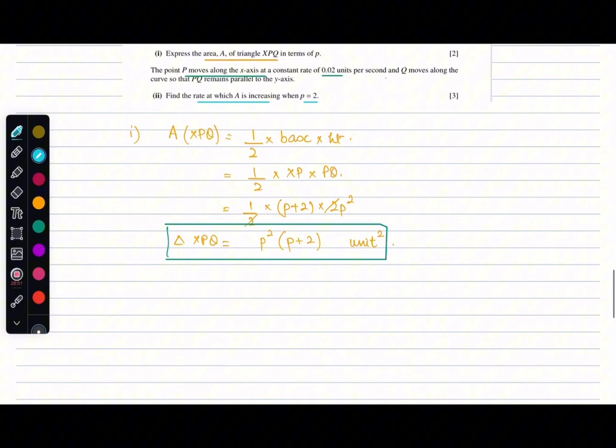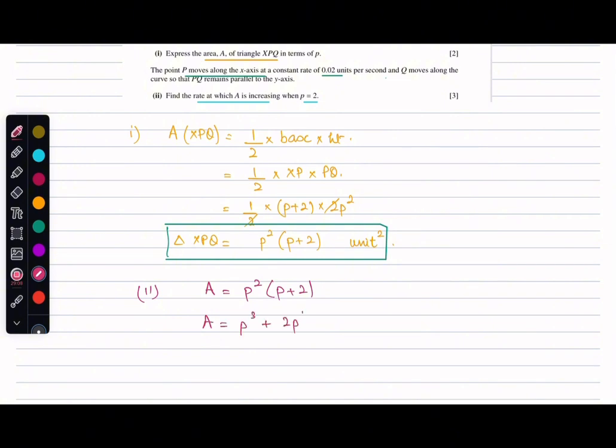We already have this area in terms of P, as P square times P plus 2, or I can say the area A equals P cube plus 2P square.